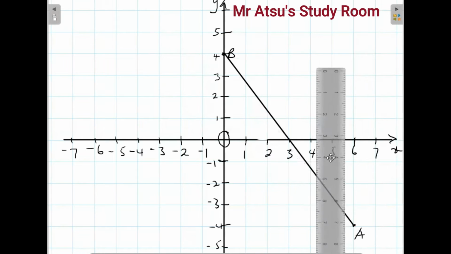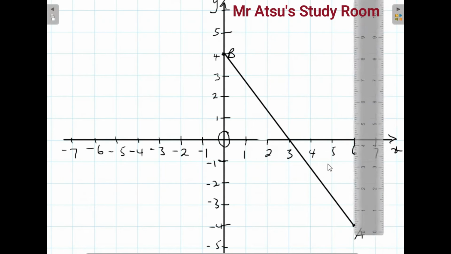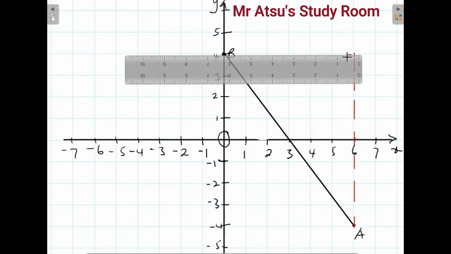So let me use my ruler to trace my points to form a right angle triangle. So we trace A to the top. There you have it. And then we trace to meet the B at right angle.